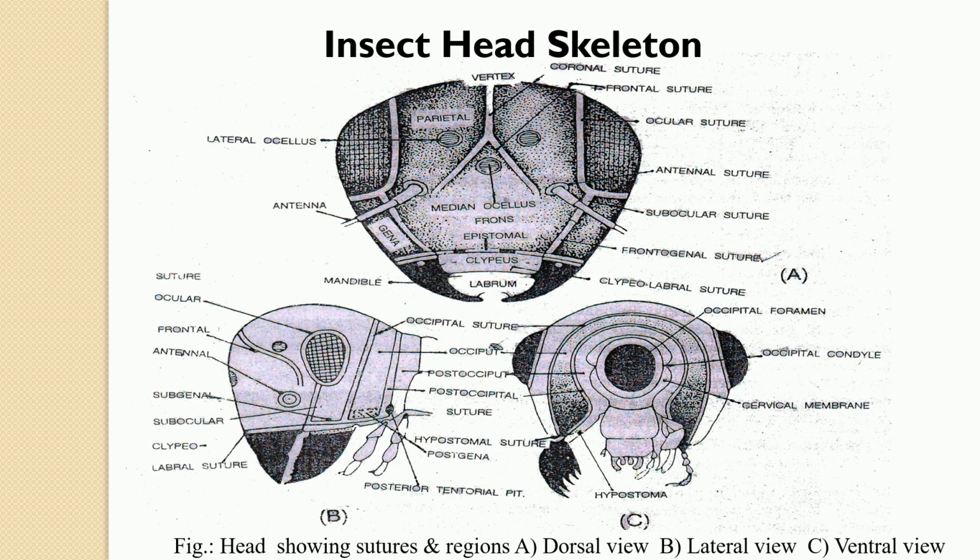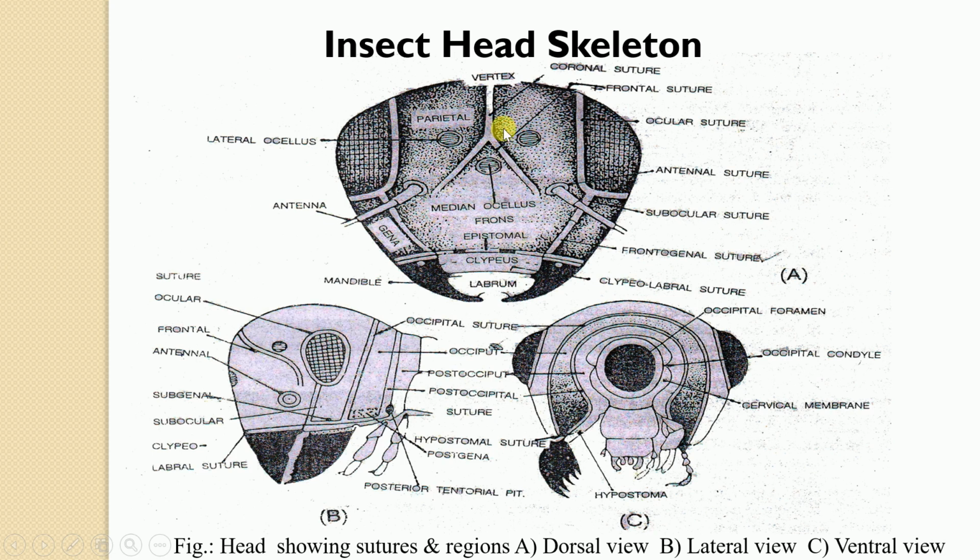So first of all, before we start with the head sclerites, let us have a quick summary of the sutures we discussed in the previous lecture. The first suture is the Clypeo-labral suture, which is present between the labrum and Clypeus. The second is the Clypeo-frontal suture, also referred to as the epistomal suture.